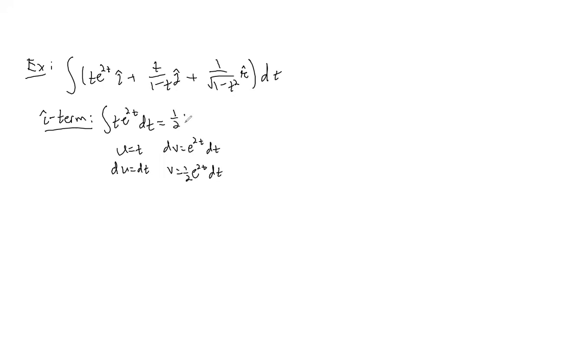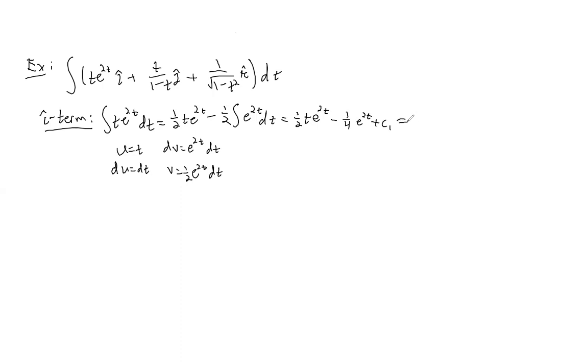So that's going to be 1/2 t e to the 2t minus, now it's v du in this case, so minus 1/2 integral of e to the 2t dt. So that just becomes 1/2 t e to the 2t minus 1/4 e to the 2t. Oh, I forgot something important, plus c1.